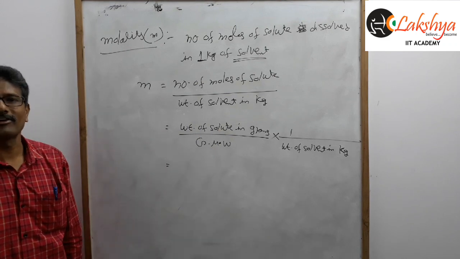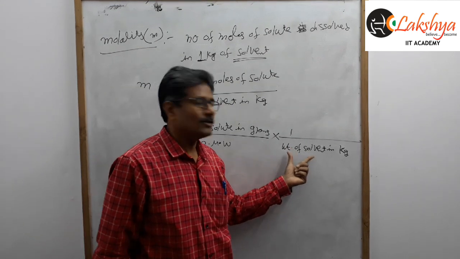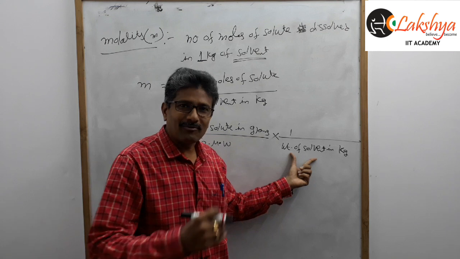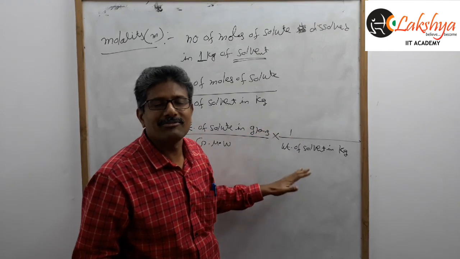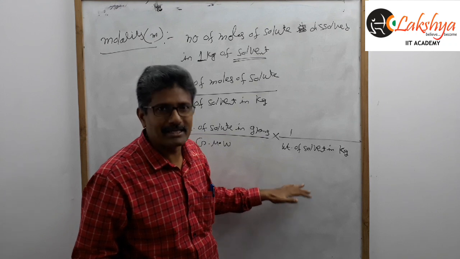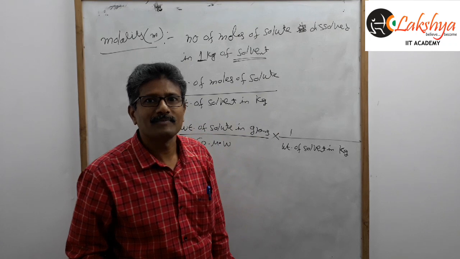To convert grams into kilograms, divide by 1000, so 1000 comes to the numerator.